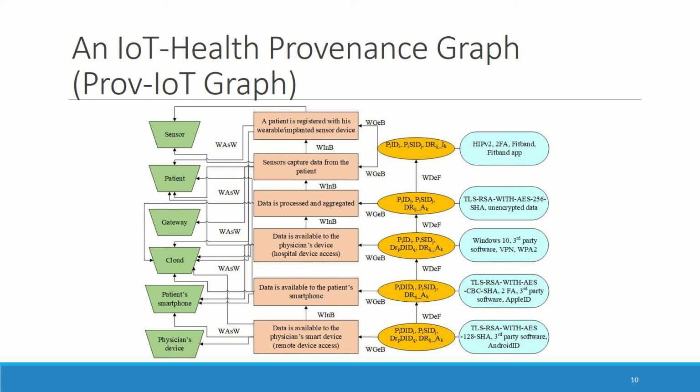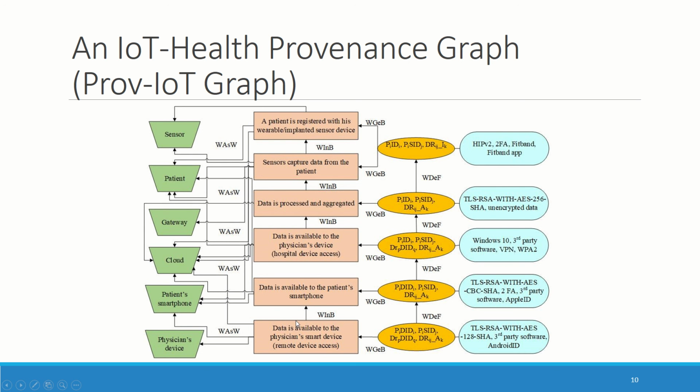Okay, so here we demonstrate a hypothetical scenario with a patient and the relevant provenance graph with the proposed provenance model and class diagram for different activities. So here is the proposed provenance graph for that particular health scenario.